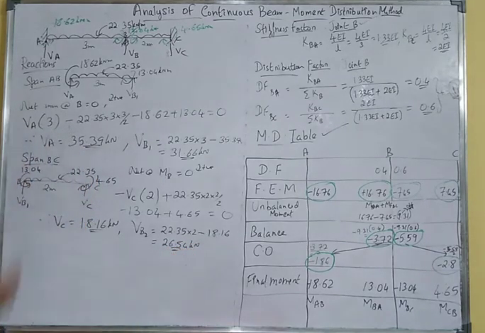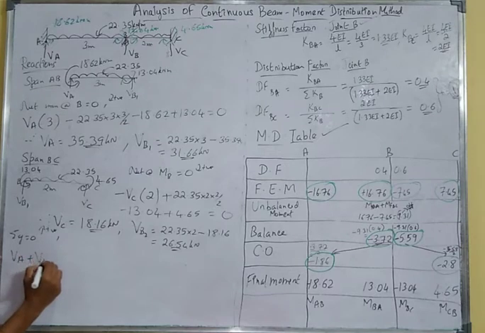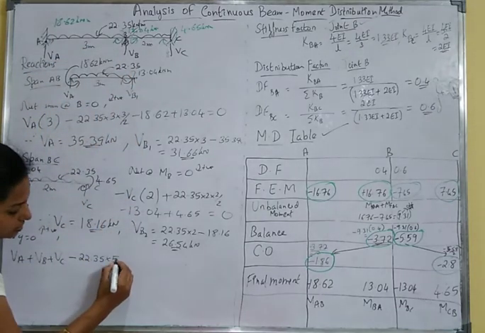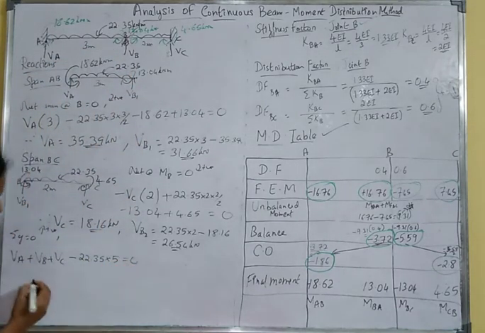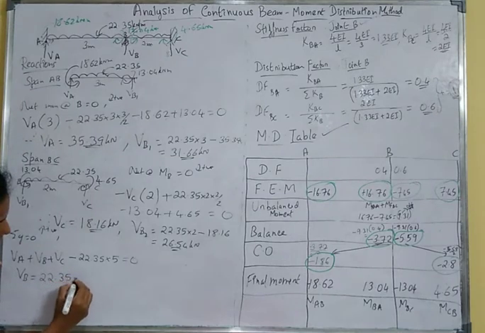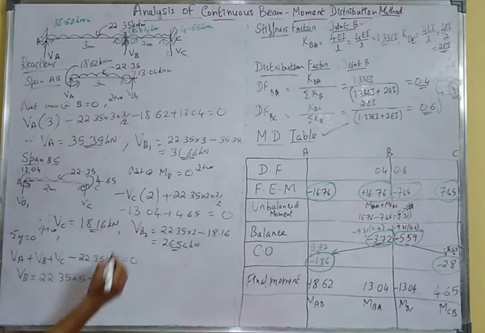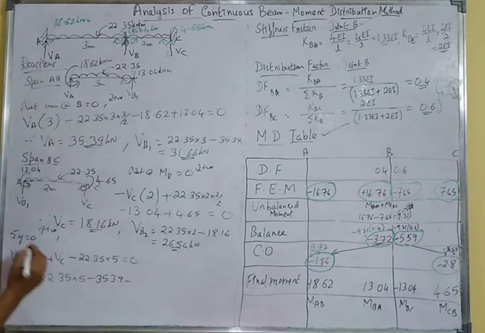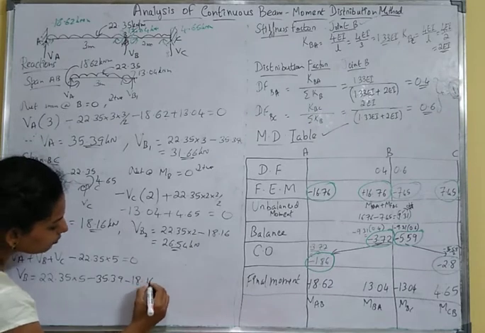Now for VB, you have summation Y equal to 0, upward as positive, so you have VA plus VB plus VC minus 22.35 into total span, which is 5, equal to 0. Therefore, you know VA and VC, you can find out VB. So VB is nothing but 22.35 into 5 minus VA, which is 35.39, minus VC, which is 18.16.